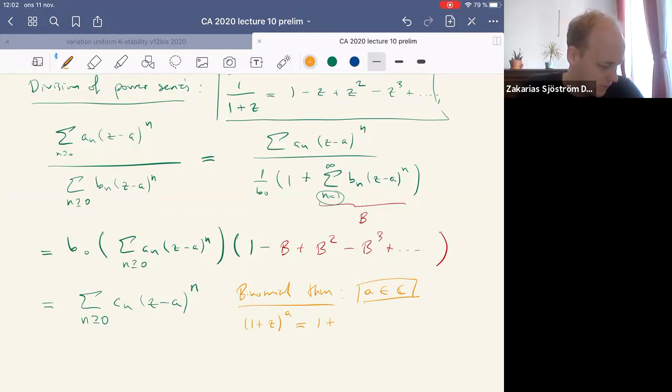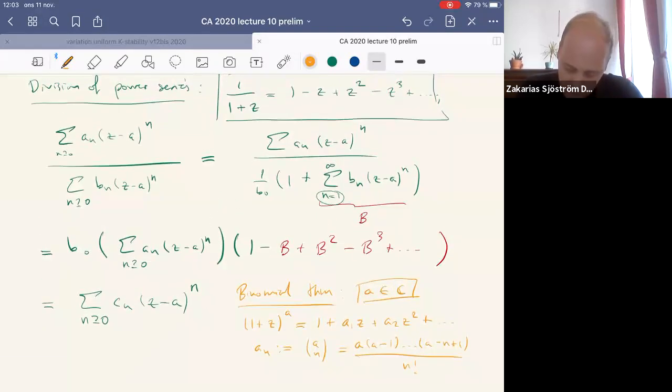So this is equal to 1 plus a1 z plus a2 z squared plus and so on, where an is equal to this a choose n, I guess you say that in English, I'm not really sure. But anyway, it's the number that's defined in this way, divided by n factorial.